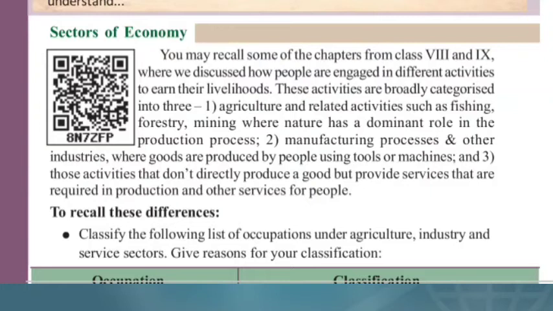This is very important. Nature is dominant in the production process. It is called the primary sector.